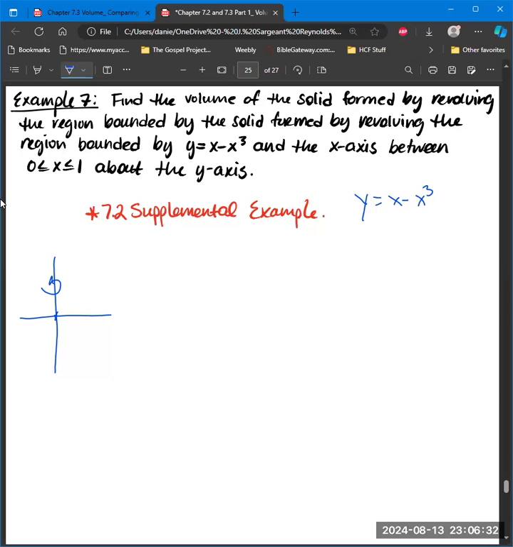This cubic function here, I factor out an x. Actually, let's factor out a negative x. It's going to be negative x times x plus 1 times x minus 1. So it crosses at x equals 1 and x equals negative 1. And it goes down and to the right, and it goes up and to the left.